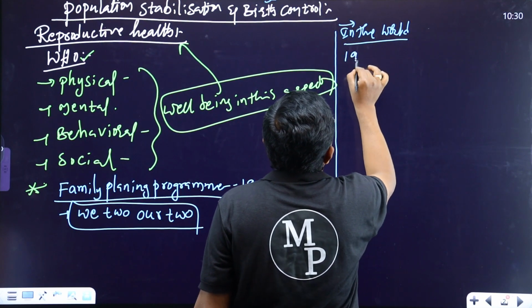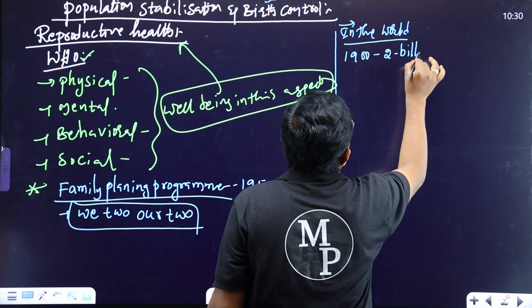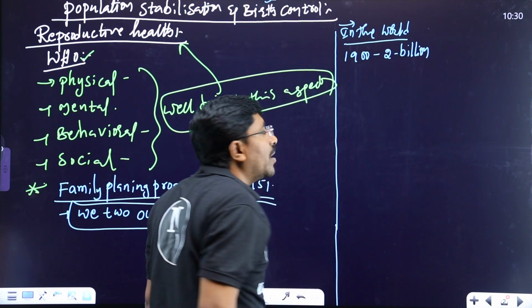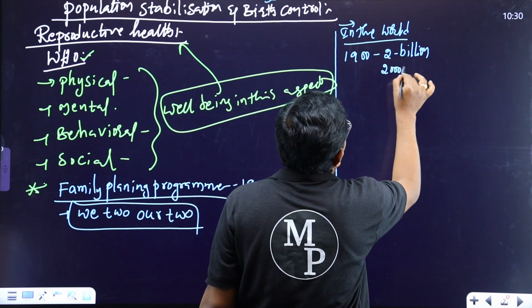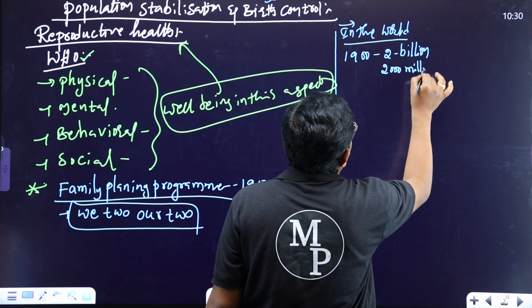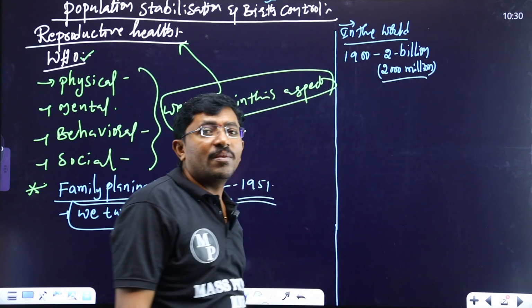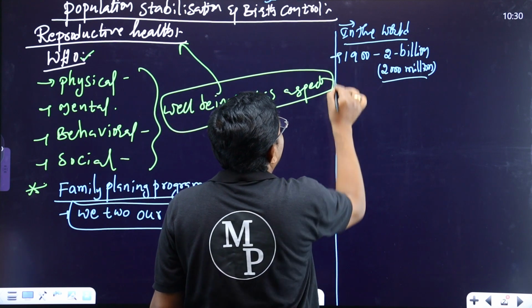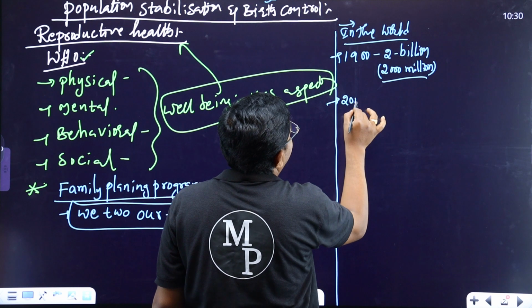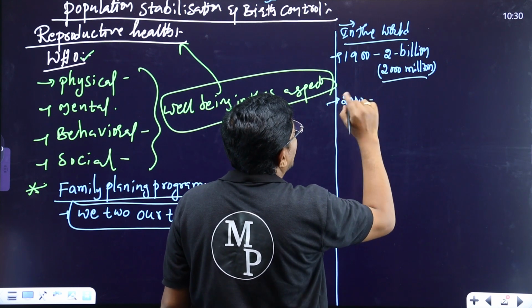In the world, in 1900, approximately 2 billion population is there. 2 billion means 2000 million population. Okay, along with this, in the year 2000, this population rapidly increased.